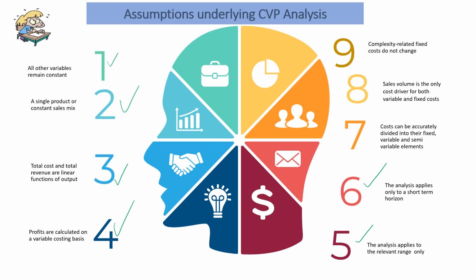Assumption number 6, under CVP analysis, costs can be segregated into fixed and variable portions, and total fixed costs remain constant at all output levels. Number 7, the analysis applies only to a short-term horizon.